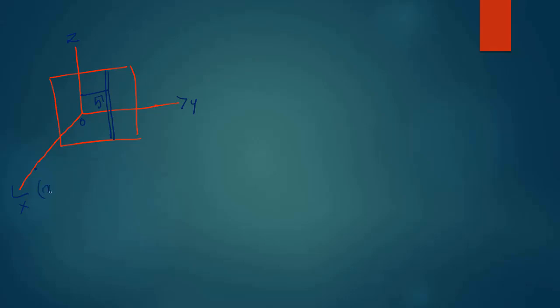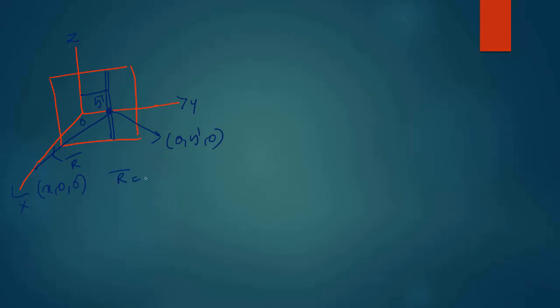This is the observation point where the coordinates are given by x comma 0 comma 0, and this is the differential point we are taking on the line, where the coordinates are given by 0 comma y dash comma 0, and this is the perpendicular distance from the line to the observation point, r bar.